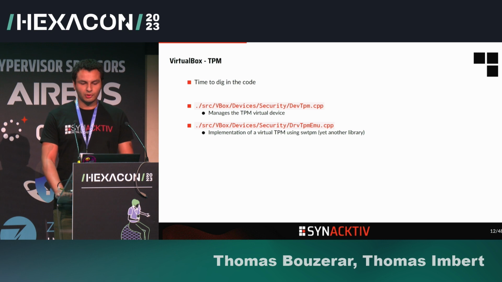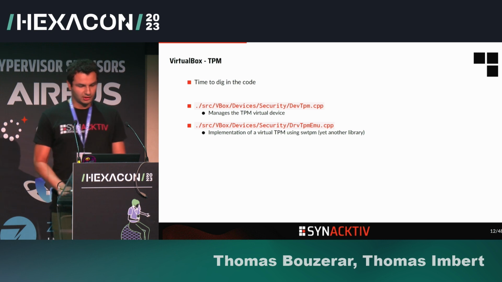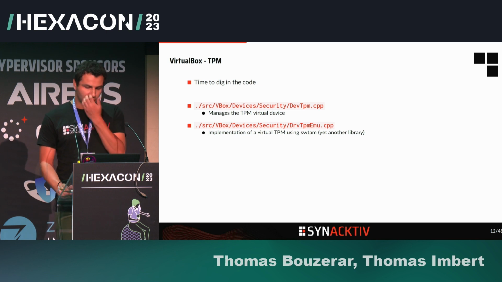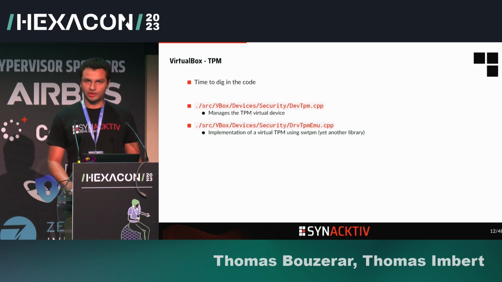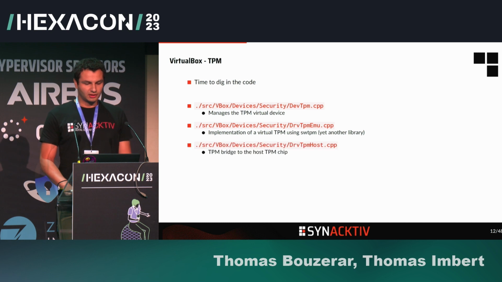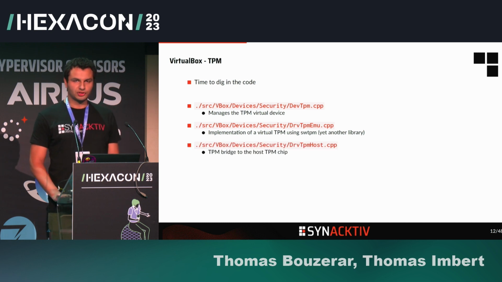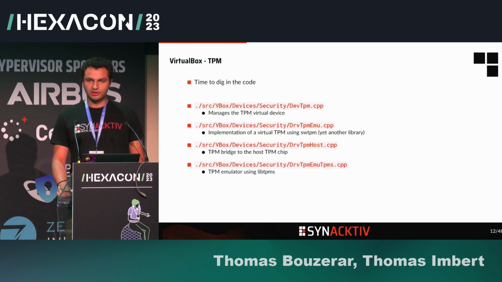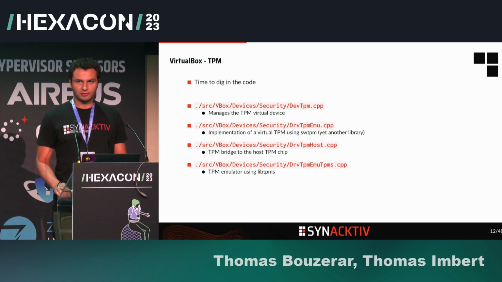Then we have a few implementations of an actual virtual TPM. The first one is DrvTpmEmuTpms... the first one uses swtpm, which is yet another library. Then we have DrvTpmHost, which simply bridges the host TPM to the virtual TPM. And finally, we have DrvTpmEmuTpms, which uses the libtpms we saw earlier.